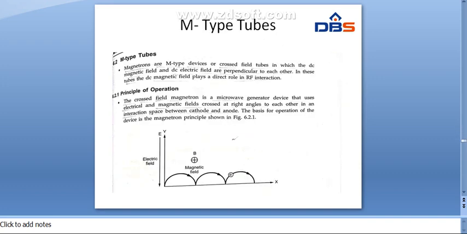Next, in this session we are going to discuss M-type tubes. Magnetrons are M-type devices or cross-field tubes in which the DC magnetic field and DC electric field are perpendicular to each other.